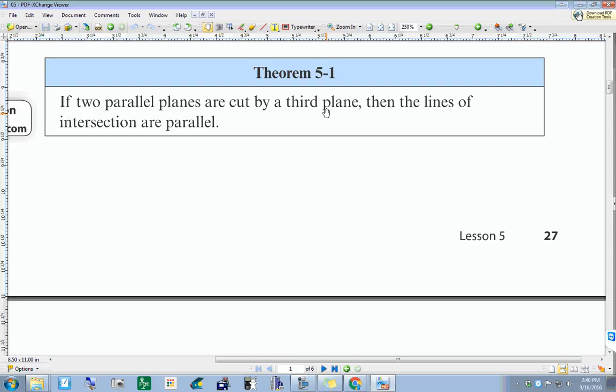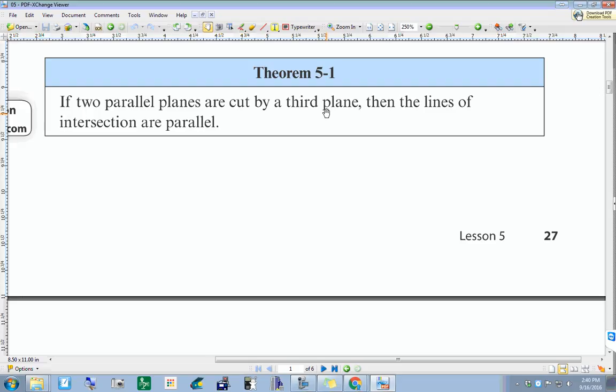Are both of those lines on the ceiling? Are they parallel? Yeah, because they're going in the same direction, correct? And we know that because of the way a room is set up, opposite sides are supposed to be parallel. So those lines would be parallel.